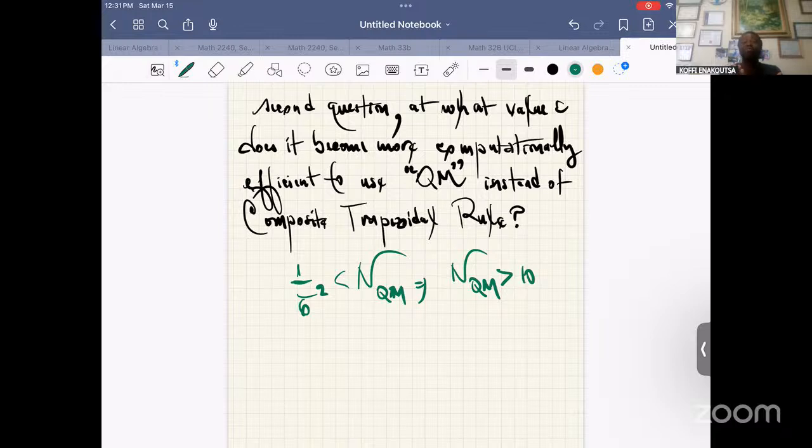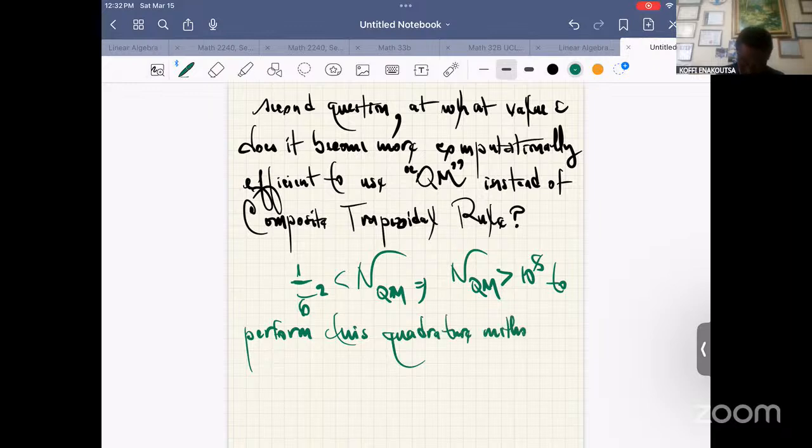It's actually 10 to the power negative 4 squared, so NQM is greater than 10 to the power 8, which is required for this quadrature methodology. That's a hell of a quadrature to perform.